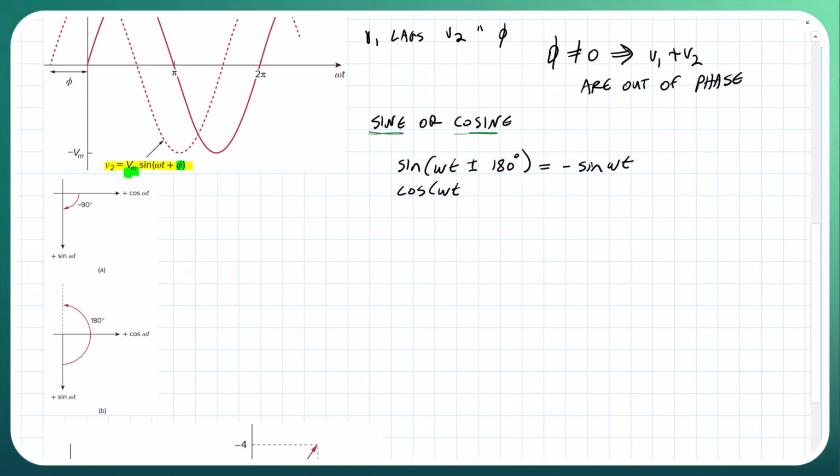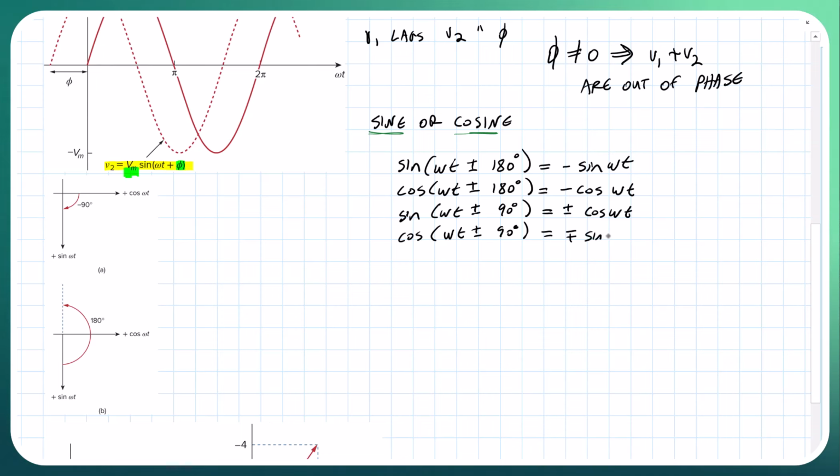Cosine of omega t plus or minus 180 degrees is just minus cosine omega t. Again, you can convert between these back and forth. Sine of omega t plus or minus 90 degrees is going to be plus or minus cosine omega t, and then cosine omega t plus or minus 90 degrees is equal to minus plus sine omega t.